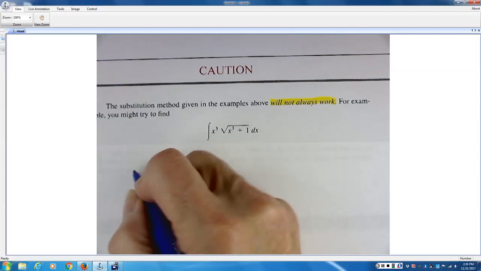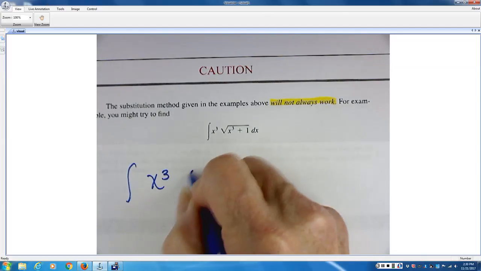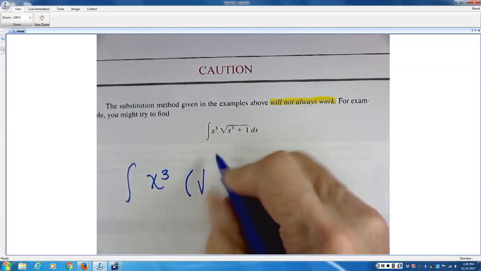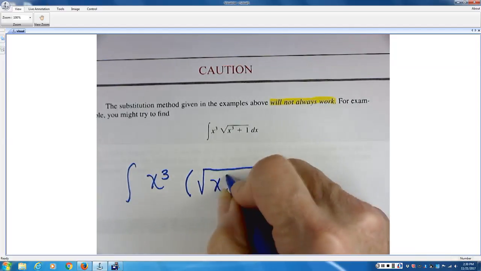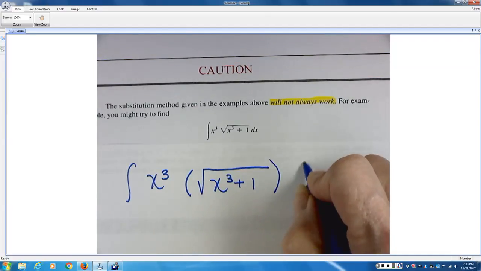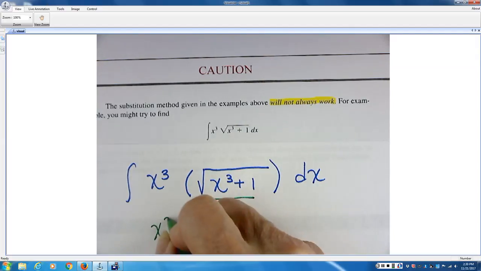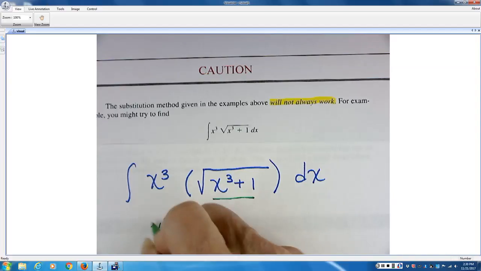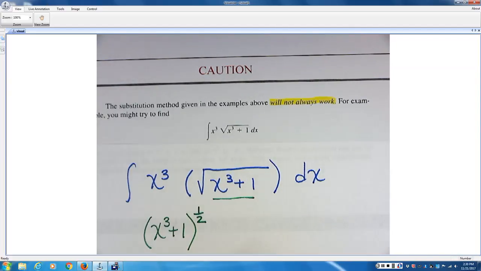If we're trying to take the integral of x cubed times, and I just put the parentheses in there for emphasis, times the square root of x cubed plus 1 dx. Here's our u, and it's raised to the 1/2 power.